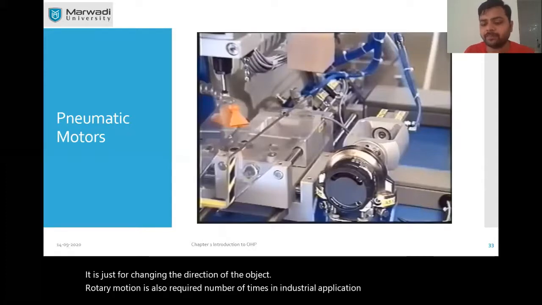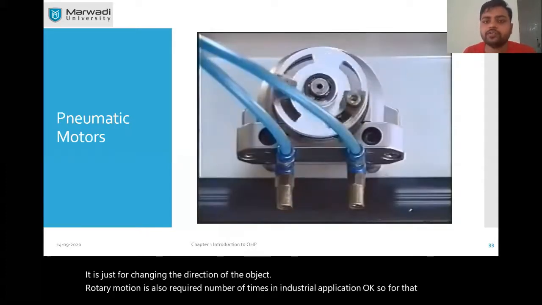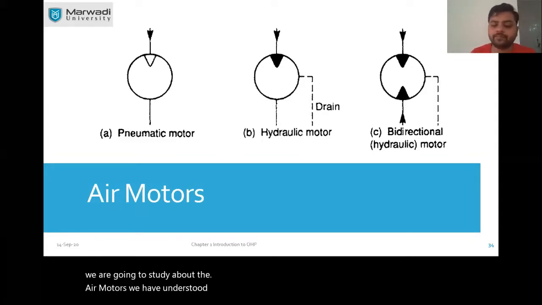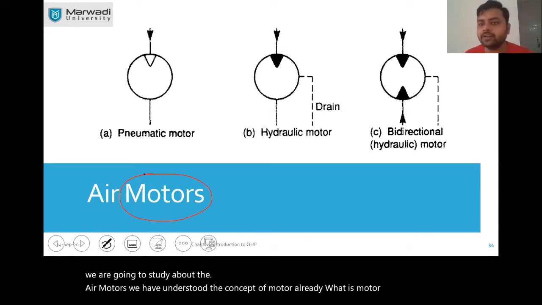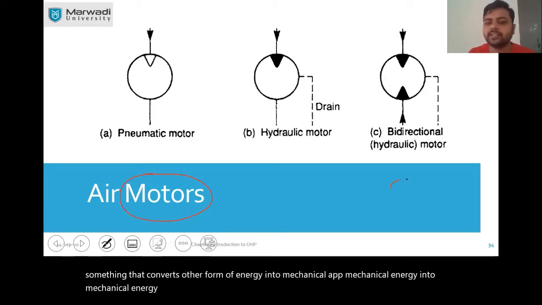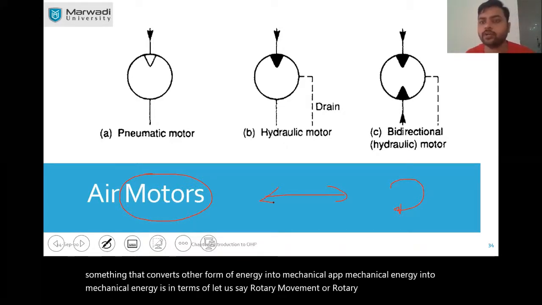So for that purpose we are going to study about the air motors. We have understood the concept of motor already, okay. What is a motor? A motor is something that converts another form of energy into mechanical energy, okay. Mechanical energy is in terms of, let us say, rotary movement or the rotary reciprocal movement.